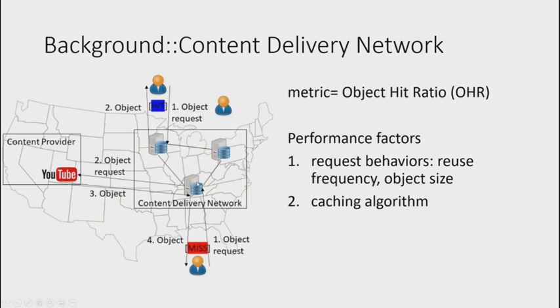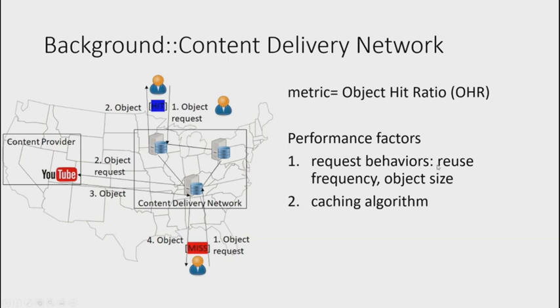There are a few factors that decide the effectiveness or the performance of a cache server. First, request behavior. If objects are rarely being requested, what it means is that once an object is requested, it is not going to be requested again until a long time.